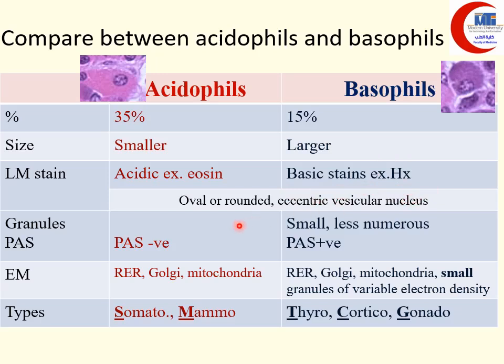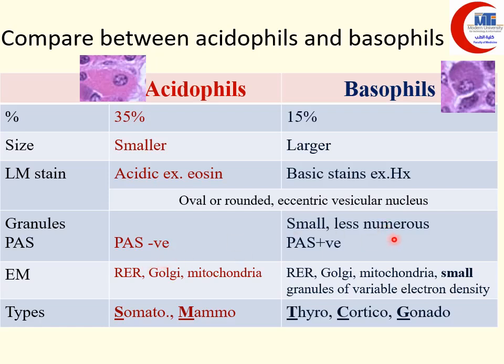By light microscope, they have the same picture. They are oval or rounded cells with eccentric vesicular nucleus. The granules inside are different in nature. The granules inside acidophils are protein in nature, so they are PAS negative.